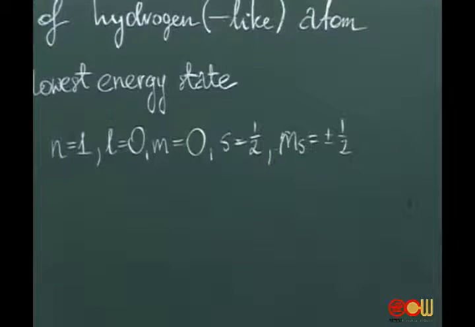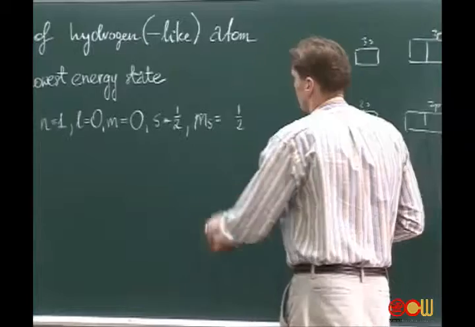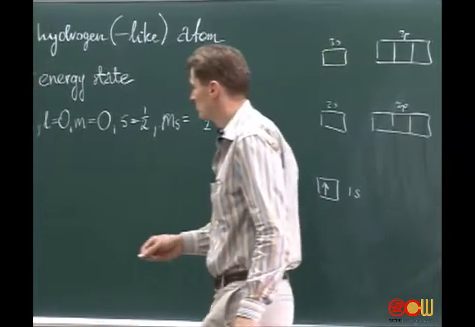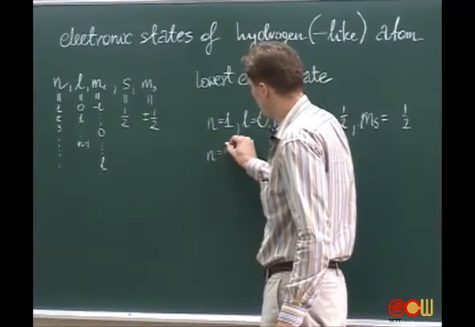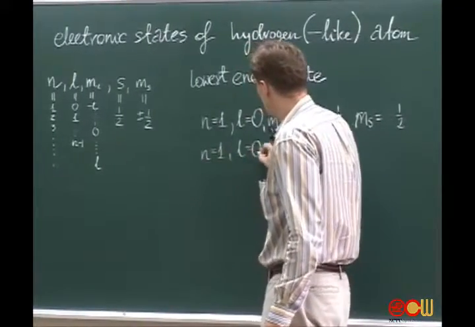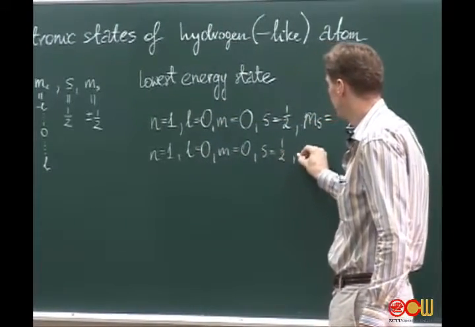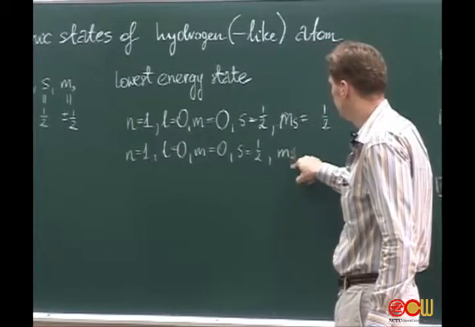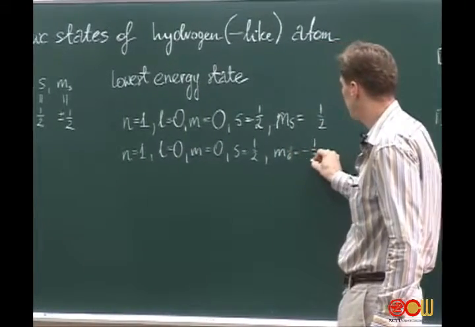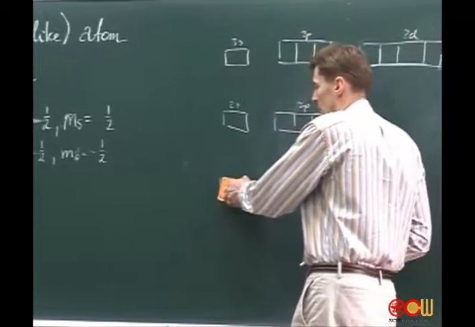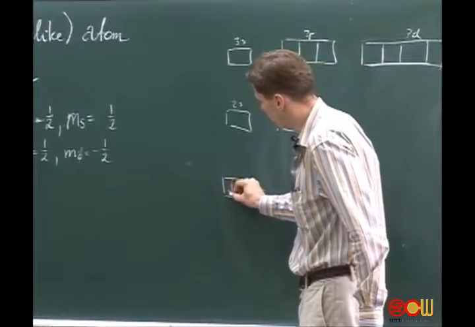In fact, it turns out that this lowest energy state is doubly degenerate. It means there are 2 orientations of the electron spin which have exactly the same energy. And we write it down for the 1/2, and the other possibility, n equal 1, l equals 0, m equals 0, s equal 1/2, ms equal minus 1/2. We write it in a similar way with the arrow down.